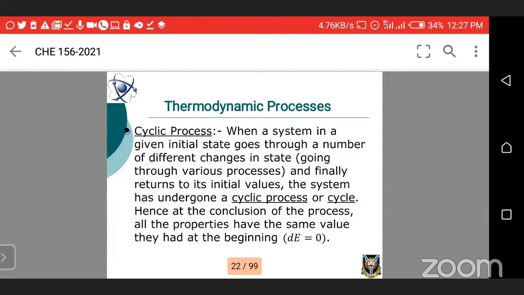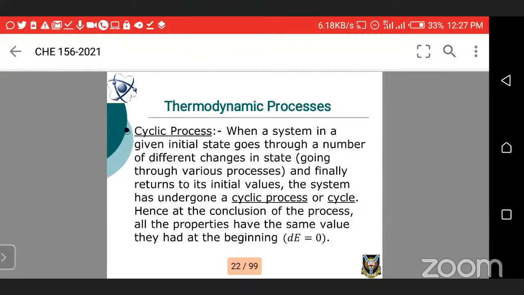You are moving from maybe your room, you go through so many places, you come to UI, from UI you go to other places, and then you return again to your room. So we can say that the system has undergone a cyclic process or a cycle.